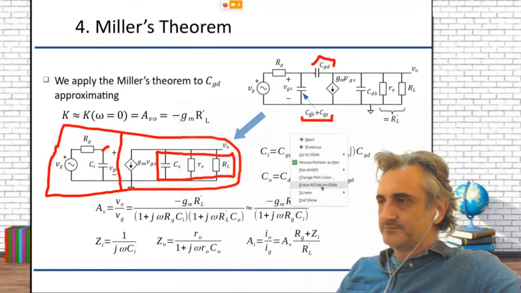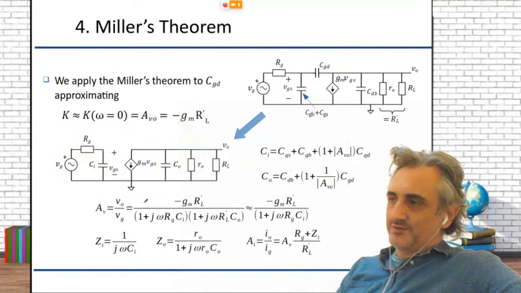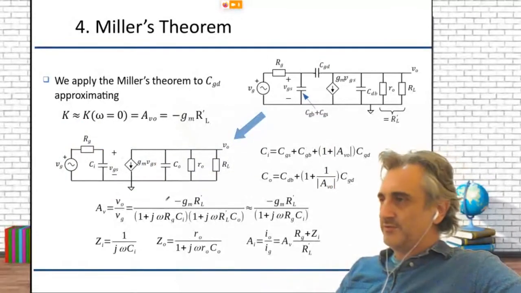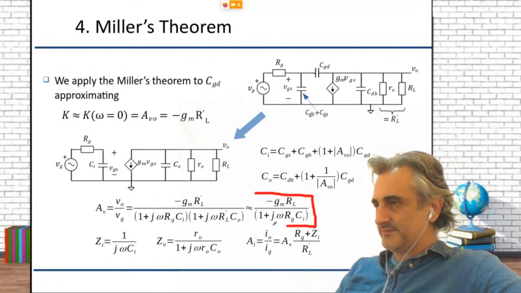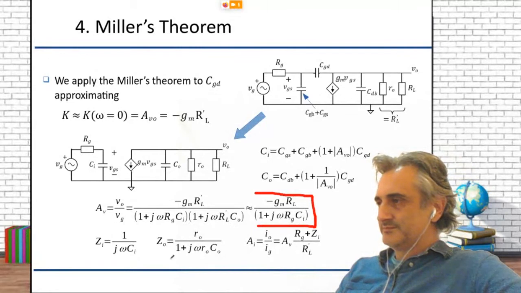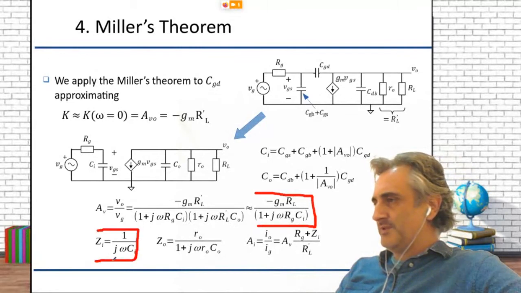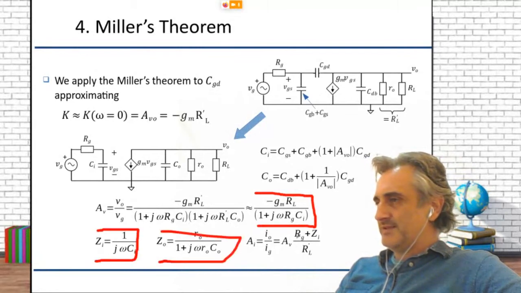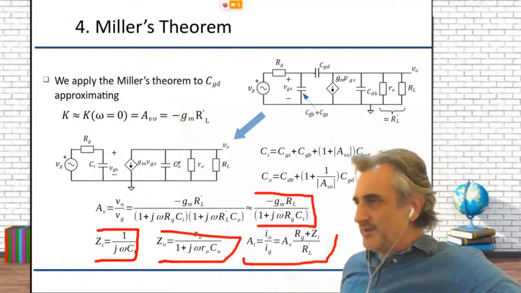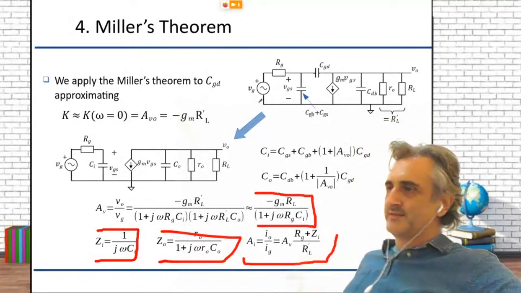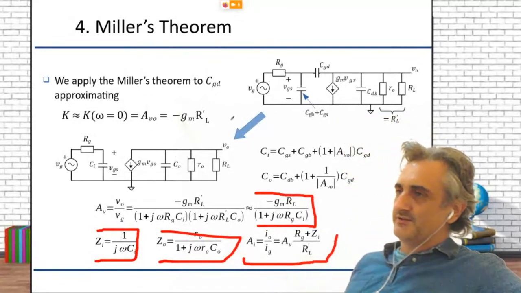So finally, if you wish, you can do that at home. The gain is simply this one here. And you can also calculate the input impedance, the output impedance, and the gain in current. But notice that this is very much simplified by using Miller's theorem.